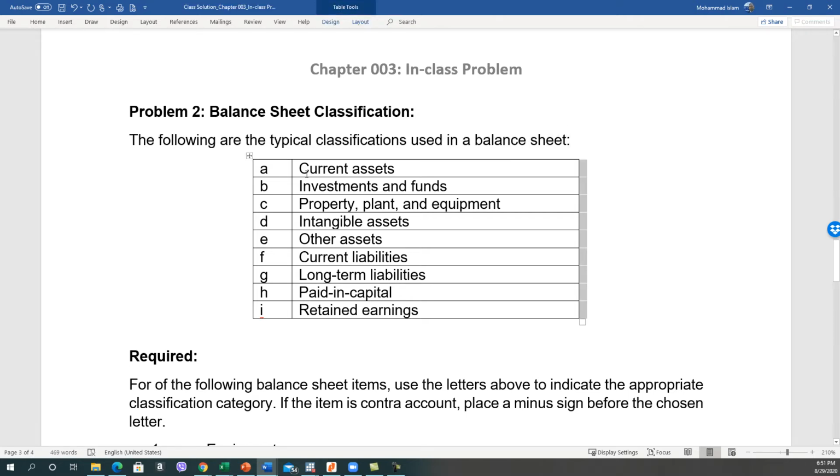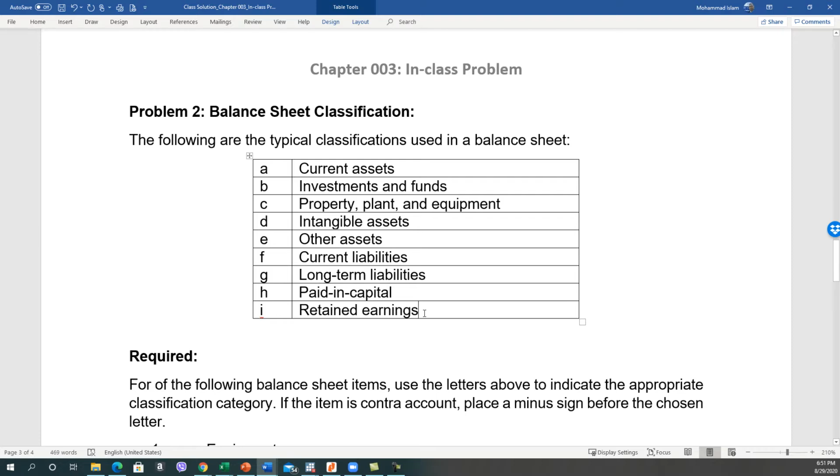Okay, so the current assets, this is A. We mark this one as an A. B, investments and funds. C, property, plant and equipment. D, intangible assets. E, other assets. F is current liability. G means long-term liabilities. H, paid in capital.